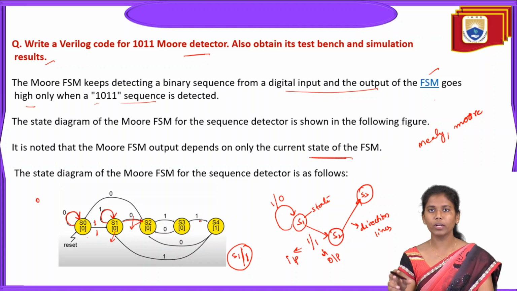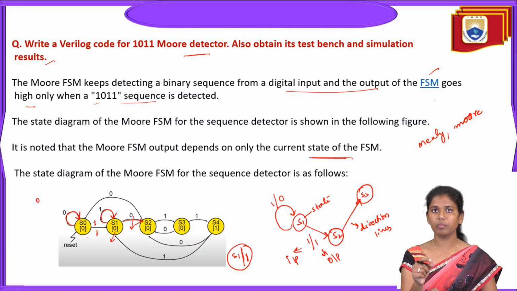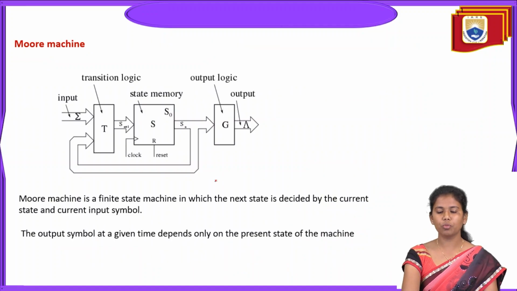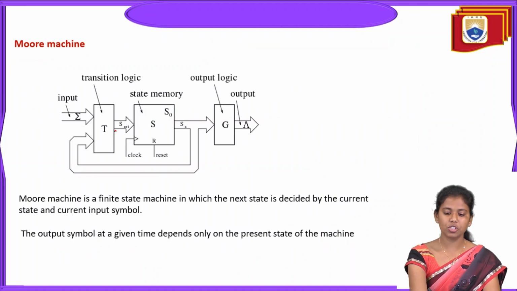Remember that in the Moore machine, the transition between the states takes place based on the output. So this is one of the important points to be noted if you want to differentiate Moore and Mealy, and this is a Moore machine. So we know that these are the transition logic.